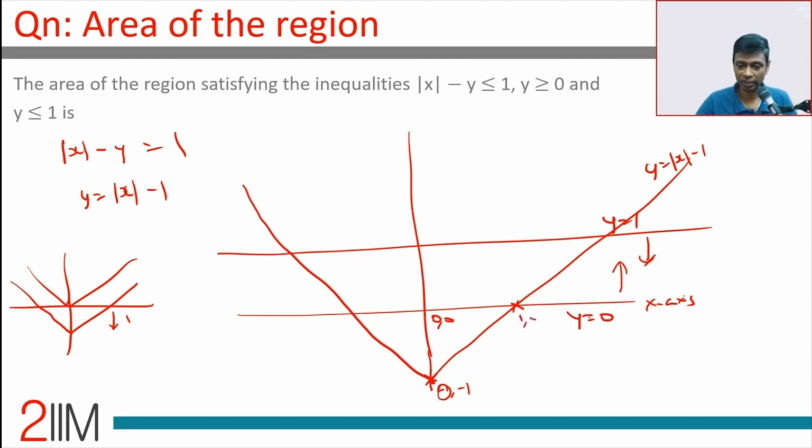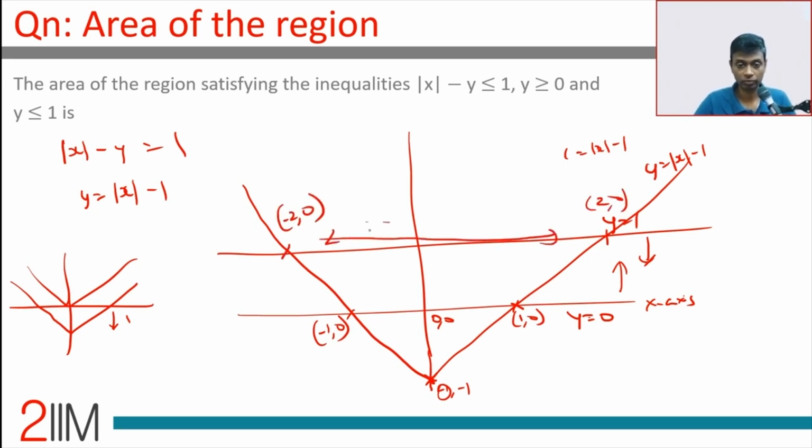When x is 1, 1, 0, or x is minus 1, minus 1, 0. When will y be 1? So 1 equals mod x minus 1. Mod x should be 2, 2, 0, or minus 2, 0. This distance is 4. This distance is 2. We're talking about a trapezium of height 1 and parallel sides 4 and 2. Half into 4 plus 2 into 1. Half of 6, 3 square units.